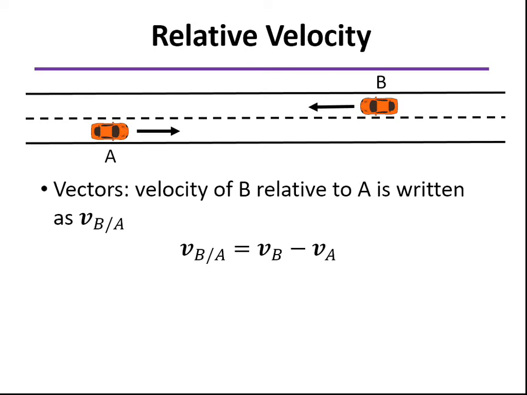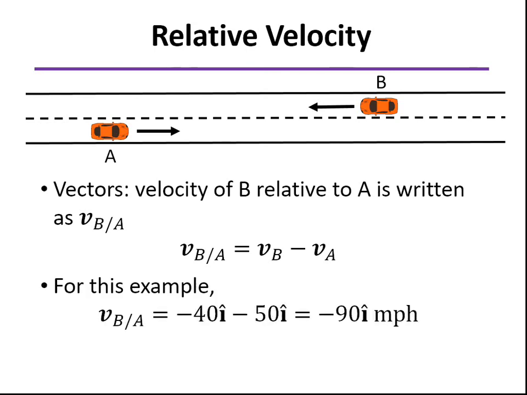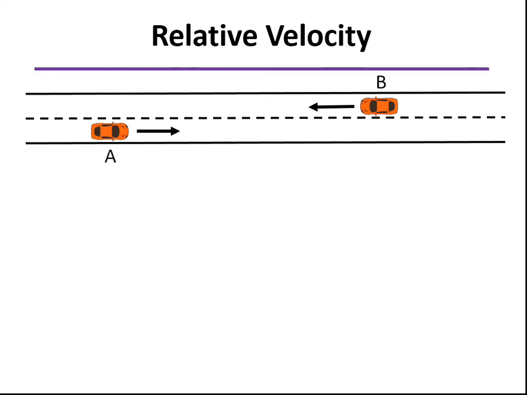So in this case, since the velocity of B would be minus 40i, and the velocity of A would be positive 50i, then the velocity of B minus velocity of A gives me minus 90i. So again, from A, it looks like B is approaching, which means going from right to left at 90 miles per hour.